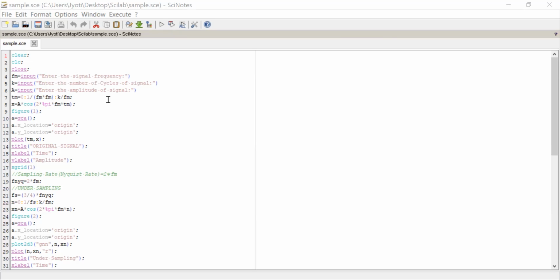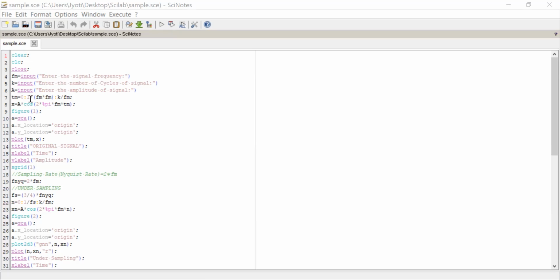If you want a sine wave or square wave, how many cycles you want on that signal, that you need to enter. Next, a = input, enter the amplitude of the signal. The input signal amplitude, how much you want, you give through the keyboard. These are the input values you need to enter.